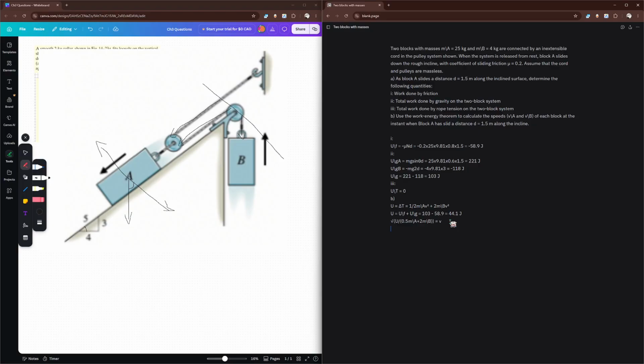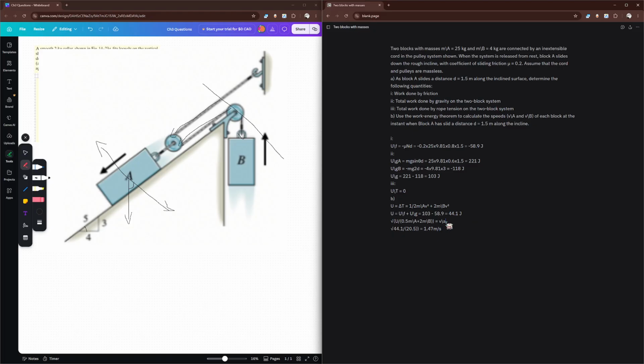So plugging in our numbers, we have the square root of 44.1 over 0.5, so half of MA, so 12.5 plus 8, so 20.5 over 20.5, which is equal to 1.47 meters per second.